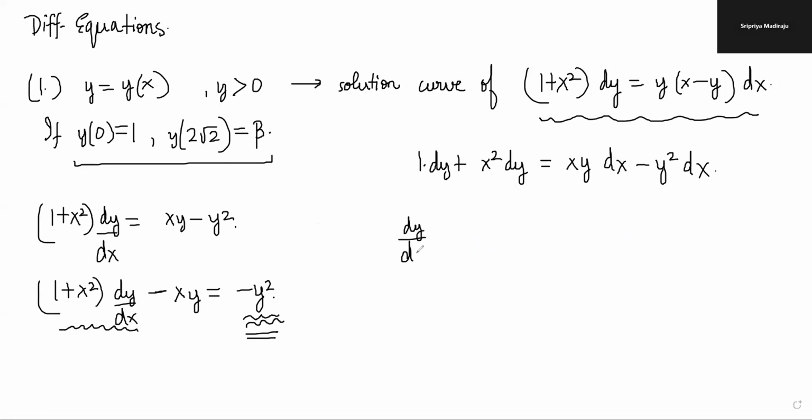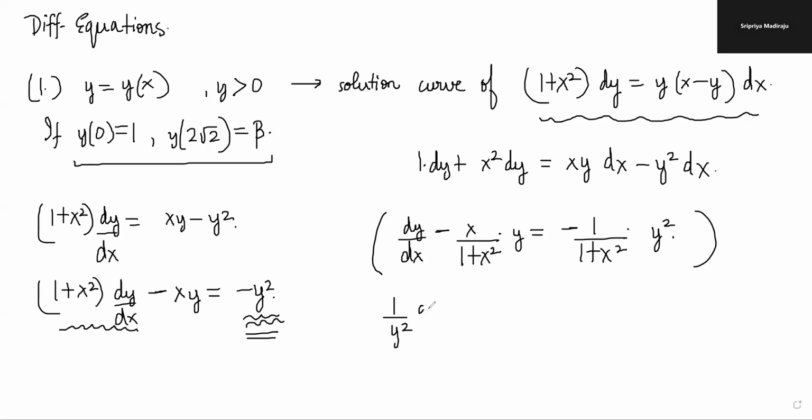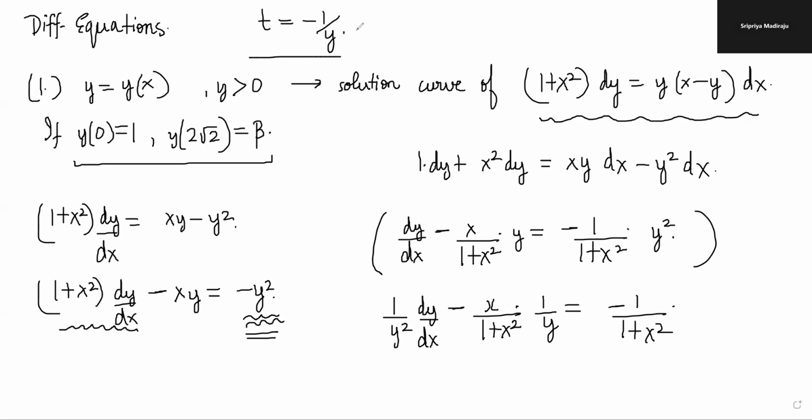It's very obvious. Obviously, I'll divide by y square, and I will take t is equal to minus 1 by y.